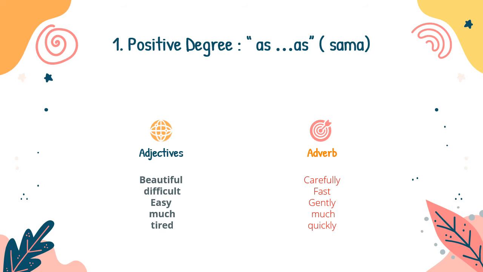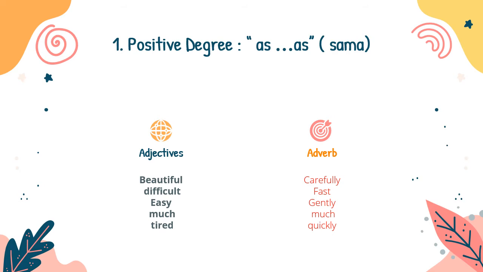The first one is positive degree. Positive degree is used when we want to say that the things that we compare have the same characteristics, or maybe the same size or same color. So in positive degree we can use adjectives or adverbs. And in positive degree the pattern that we use is as, blank, as. It means the same position or the same degree.